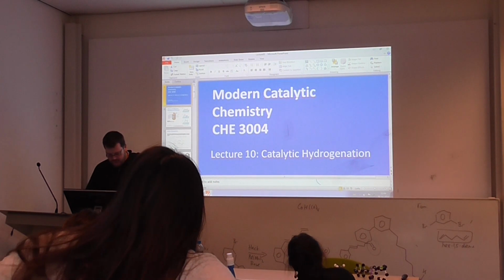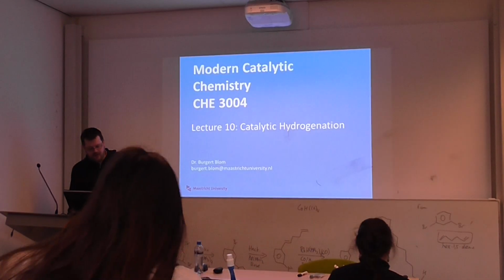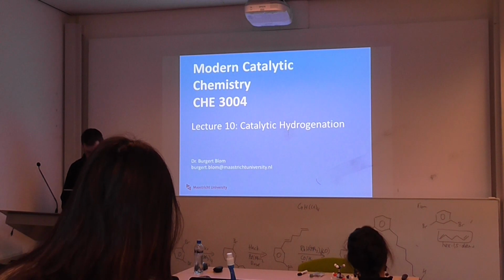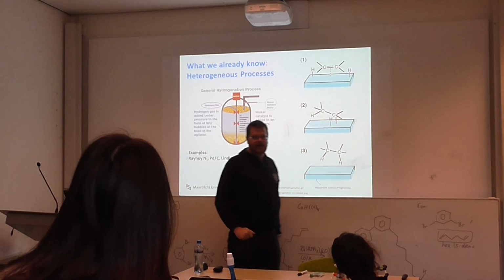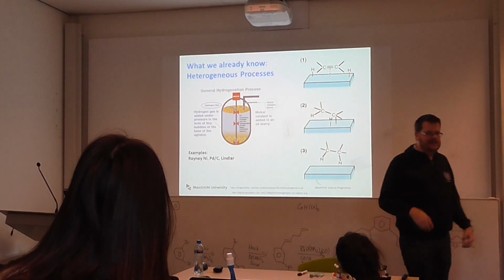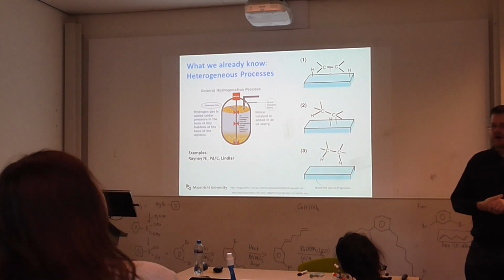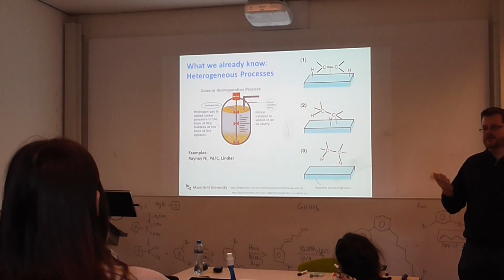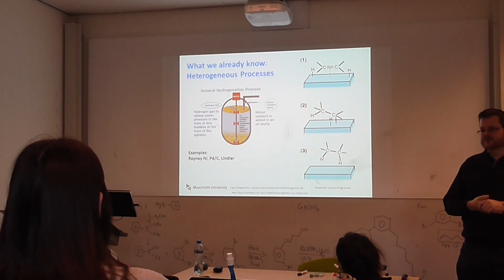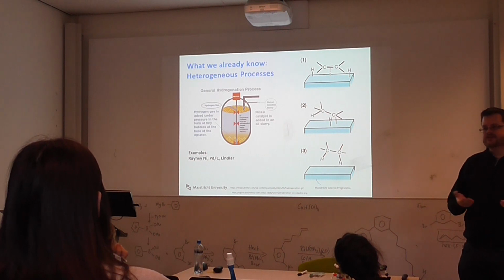So today is all about catalytic hydrogenation. Now, in the very first lecture, we discussed hydrogenation, as you might recall. We looked even at a simulation of a heterogeneous catalyst and how it interacts with an alkene and affects hydrogenation reactions through chemisorption.